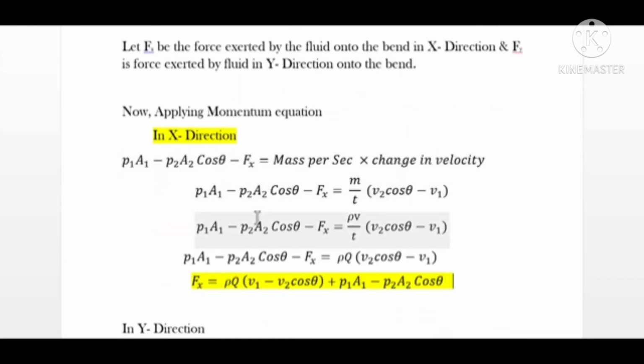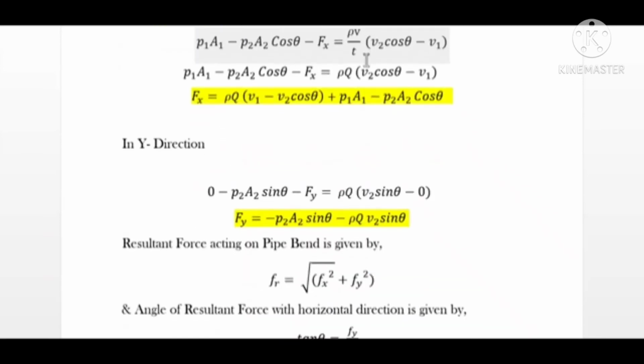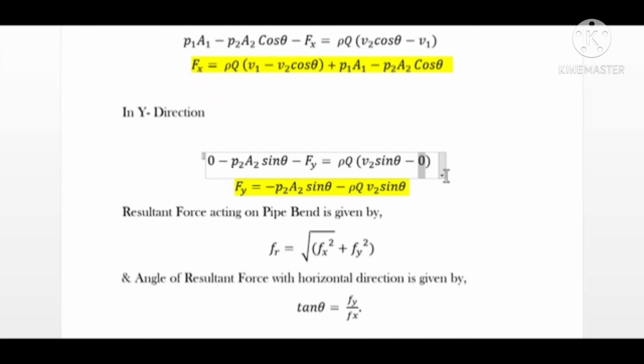So that's why we have written minus P2 A2 sine theta, and the force exerted by the pipe bend onto the fluid will be equal to Fy, which we can equate to the same mass per second multiplied with the change in velocity. That mass per second is density of fluid multiplied with discharge, and the velocity at section 2 will be v2 sine theta, the component of velocity in the y direction, and initially in the y direction we had 0 velocity. On simplifying, we can find the value for Fy.